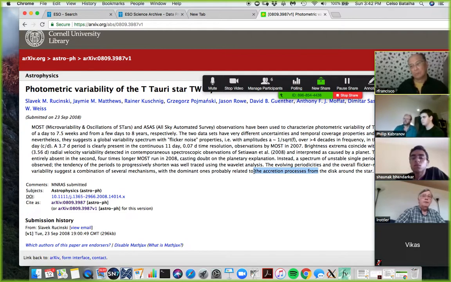Now, if the spot is associated with accretion, which is also related to the magnetosphere of the star, then it's a hot spot, and we should see the migration of these spots as the star rotates, depending on your line of sight.